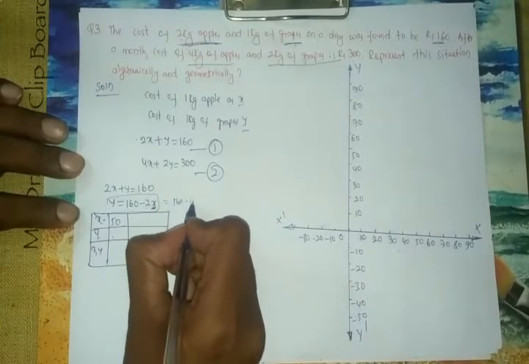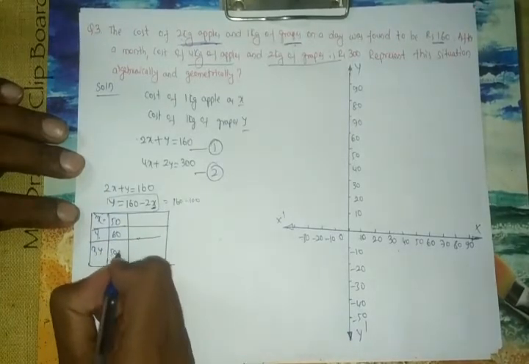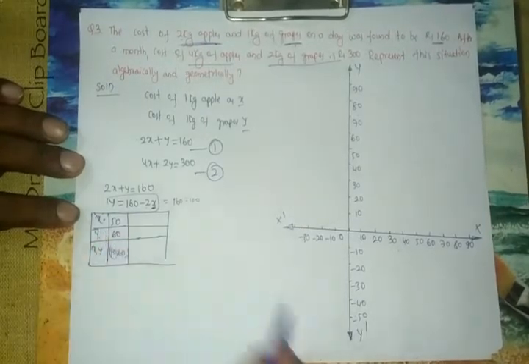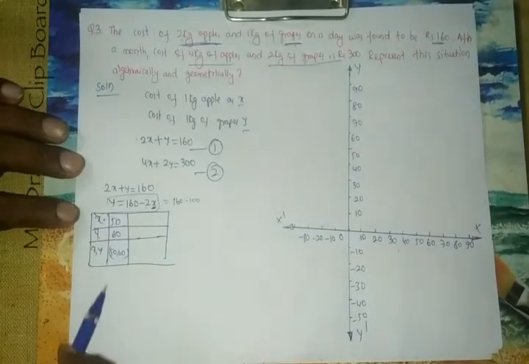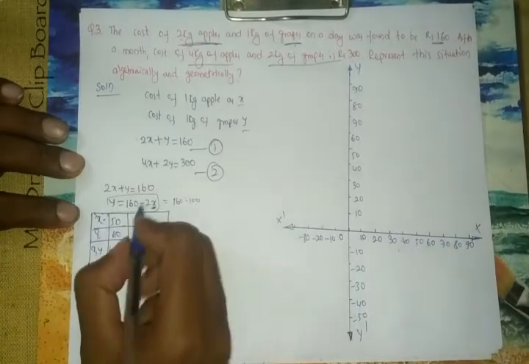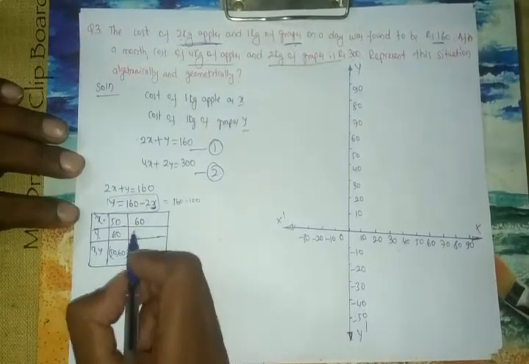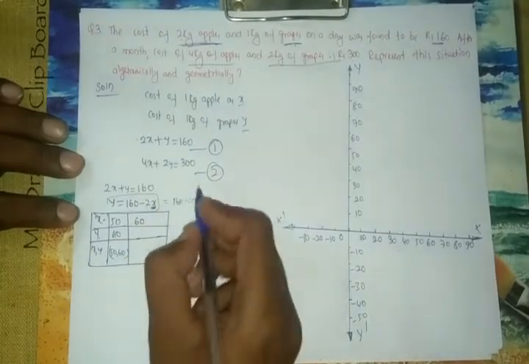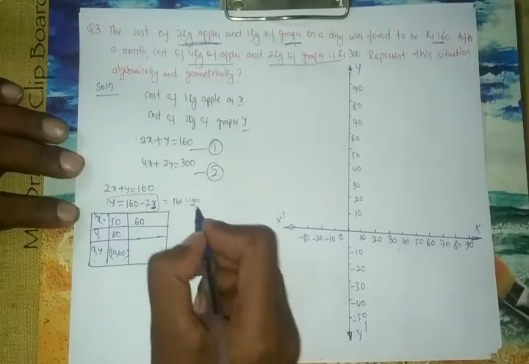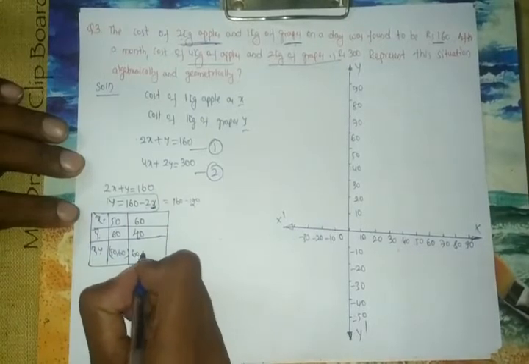So 160 minus 100 is 60. I get 50 comma 60 as my solution. And one more, let me take the value of x as 60. So 2 into 60 is 120. So 160 minus 120 will be 40. So the point will be 60 comma 40.